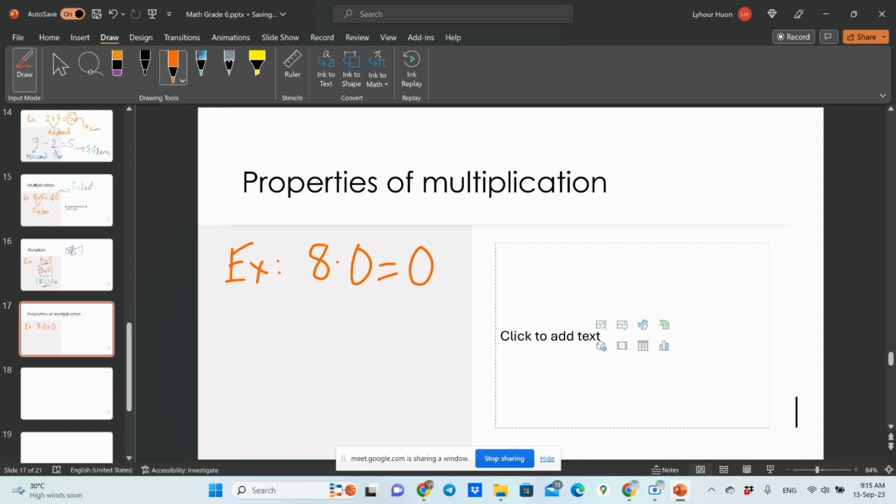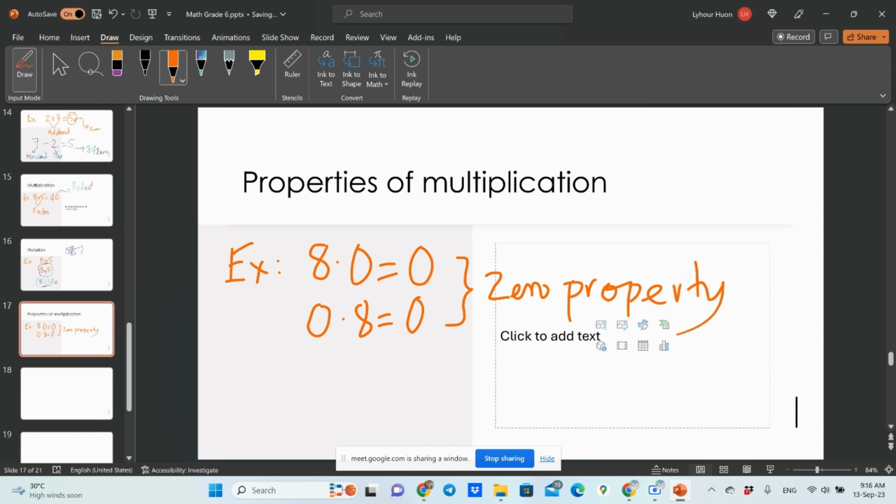So any number multiplied by 0 will be 0. How about 0 times 8? 0 still. So any number multiplied by 0 equals 0, and 0 multiplied by any number is also 0. That is called the zero property.